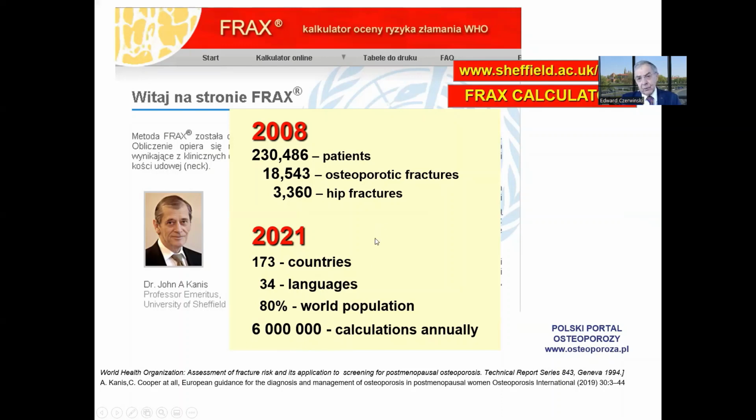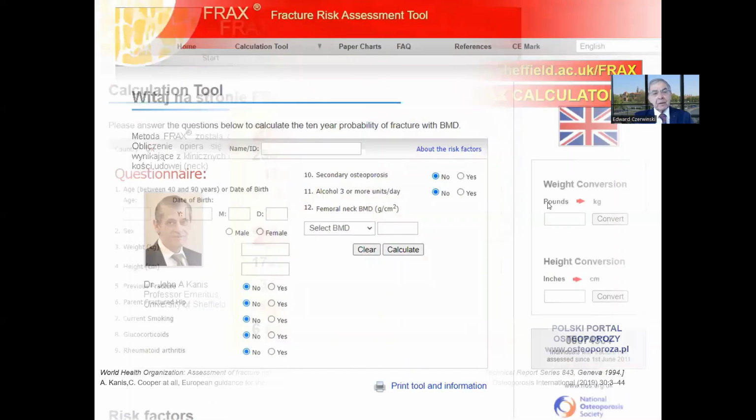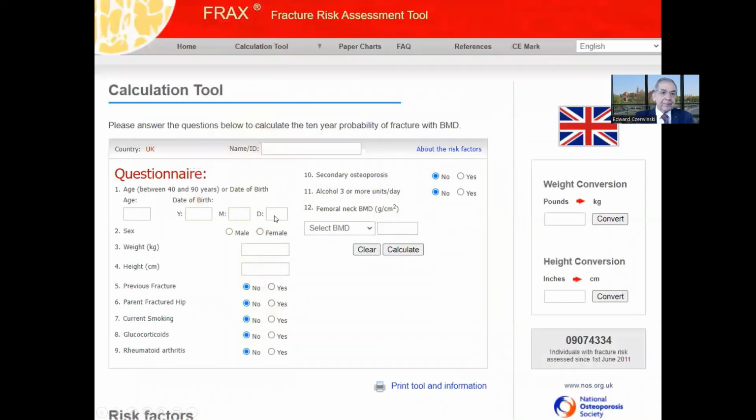The only thing you have to do is go to a computer or portable device and type Sheffield UK FRAX, or FRAX calculator, and you will be connected to the web. Just by answering some questions you can assess your or her risk. You will put in age, sex, weight, height.